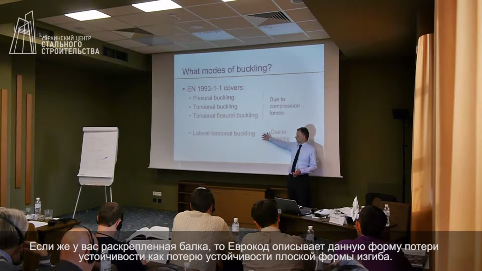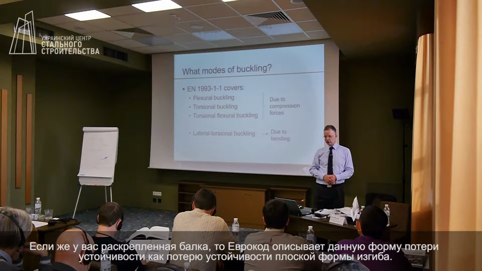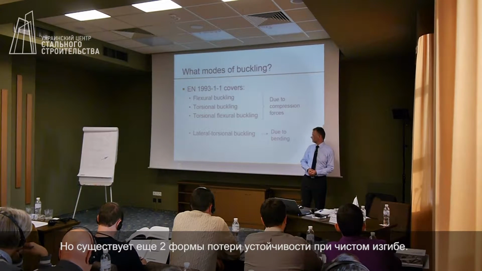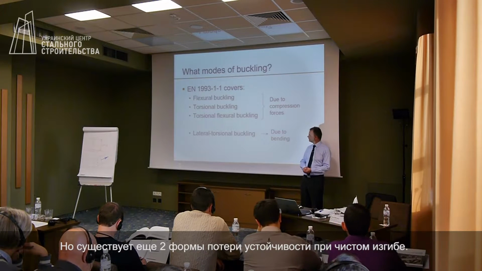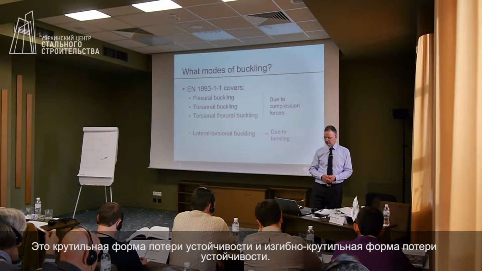If a beam is unrestrained, then the Eurocode describes that as lateral torsional buckling. But there are another 2 forms of buckling under pure compression. They are torsional buckling and torsional flexural buckling.